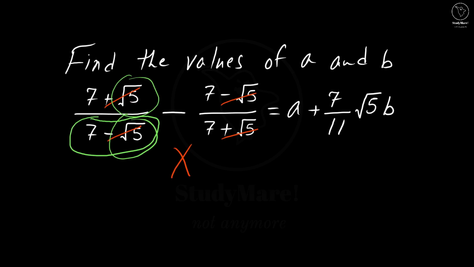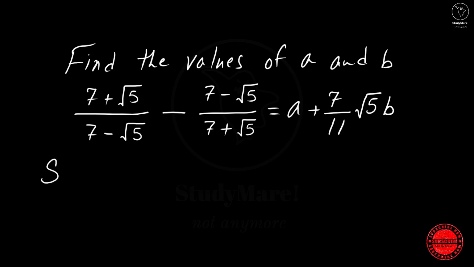So this is a very common mistake. Avoid it. Don't fall for it, because once you get into the habit of this, your solution will be flawed right from the beginning. So let's get back to our original question and start solving it.